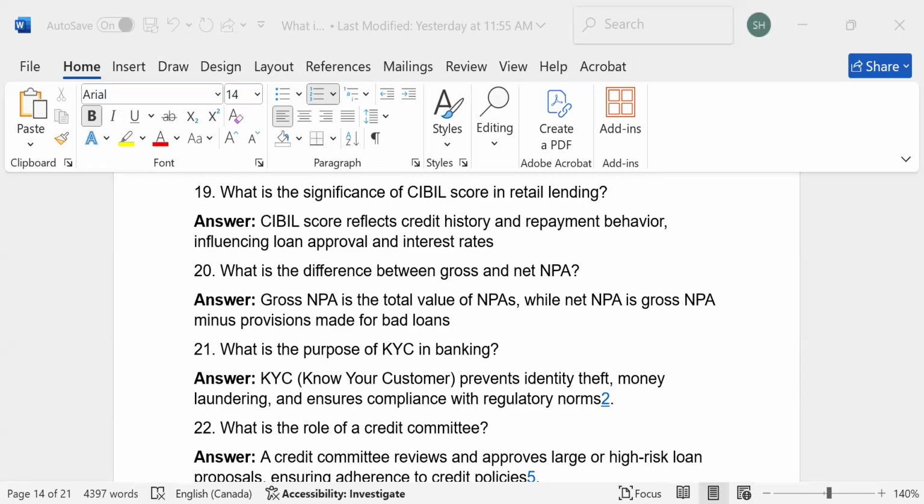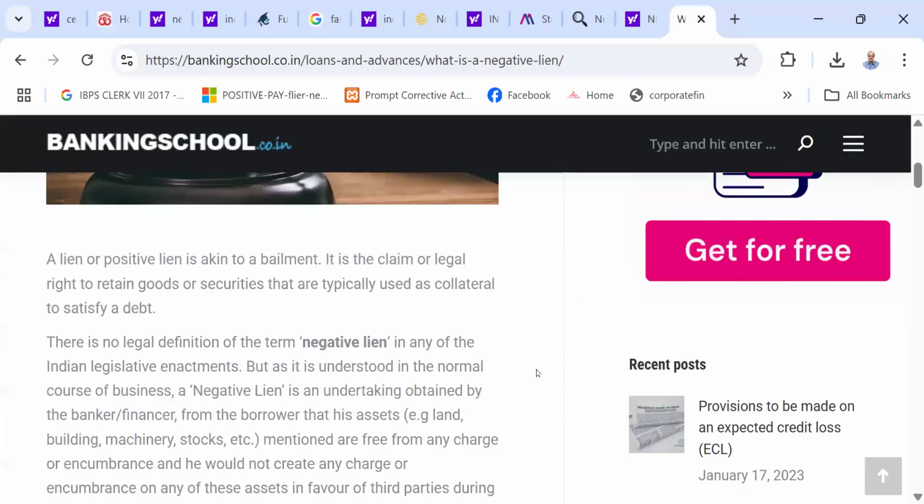There is no legal definition of the term negative lien in any of the Indian legislative enactments.